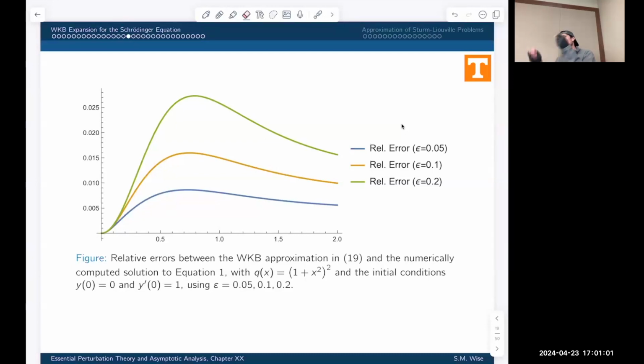These things are getting very large, and the difference is getting large as well. But the relative error can still get small. So this is the sense in which asymptotic approximations can be useful. Even if you have a series which is diverging, if you do a relative error comparison, things can be quite good.